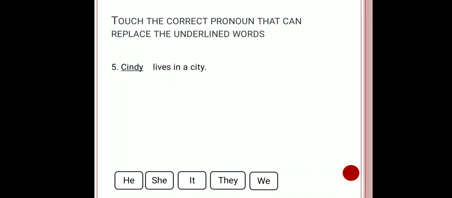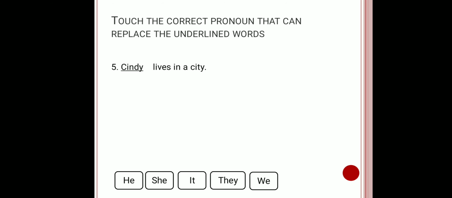Let's see this example. Cindy lives in a city. Okay, Cindy, let's think a little bit. Cindy is a girl, right? Excellent. So to refer to a girl, I have to use the subject pronoun he or she.